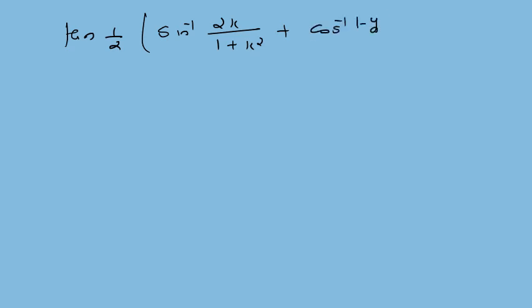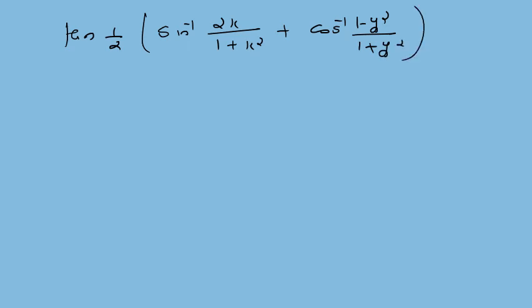Now next question. Tan 1 by 2 into sine inverse 2x by 1 plus x squared plus cos inverse 1 minus y squared by 1 plus y squared.